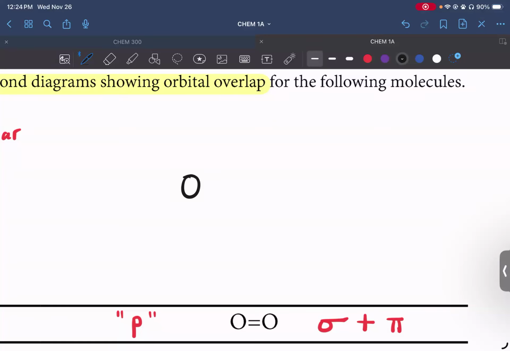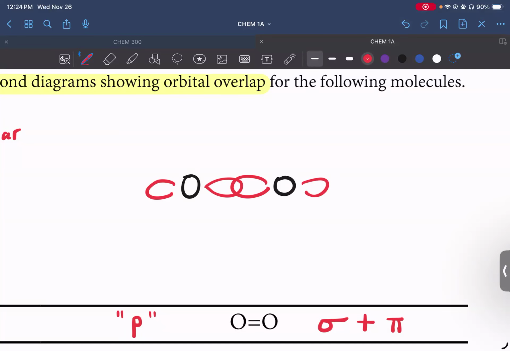I like to start off with my oxygen in the center. And I say, okay. I know that first of all, it's going to have a sigma bond, which is, of course, the direct overlap of oxygen orbitals as such. I know, of course, that there are lobes on opposite sides, so I don't forget to draw those in.